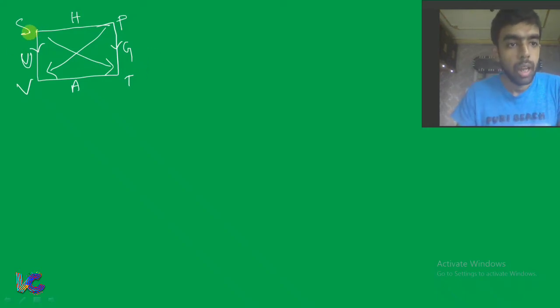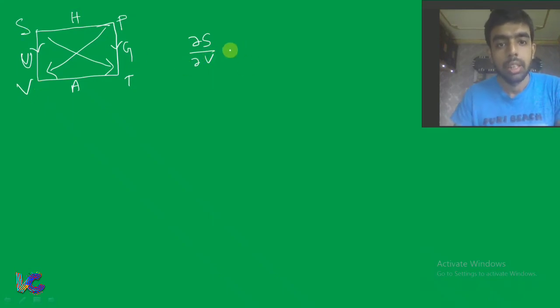The arrow is going from S to V, so del S by del V. Fine. From S to V, del S by del V. It will be equal to, from this side, the arrow going from P to T. So from P to T arrow, that means del P by del T.